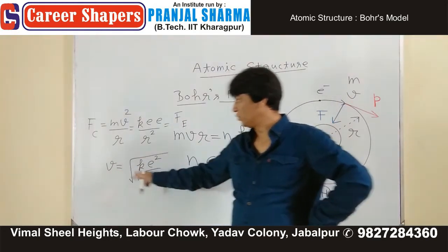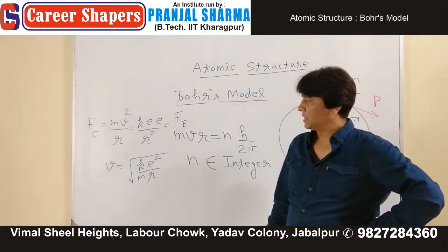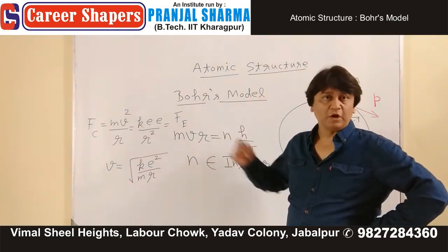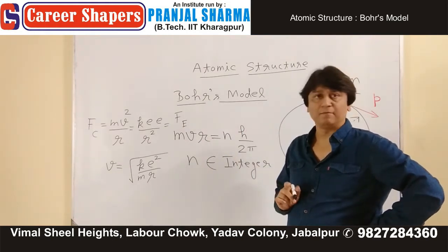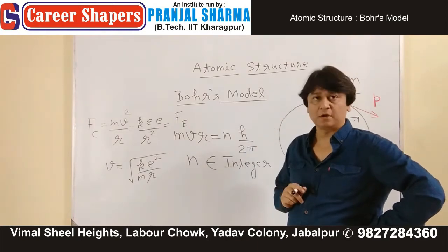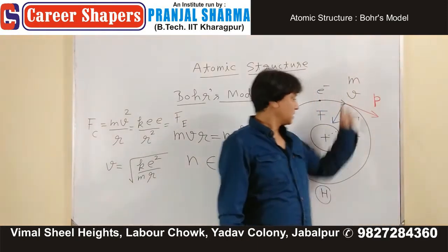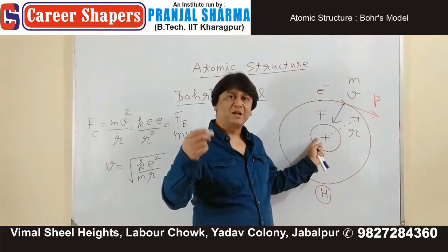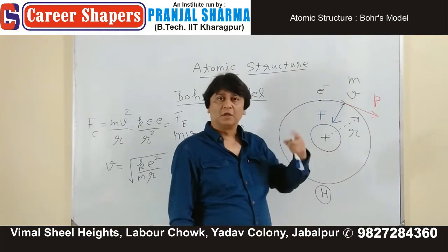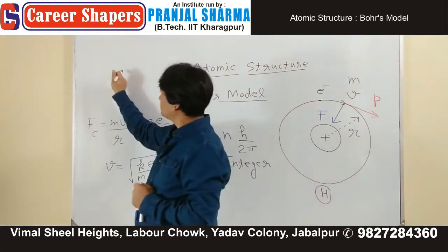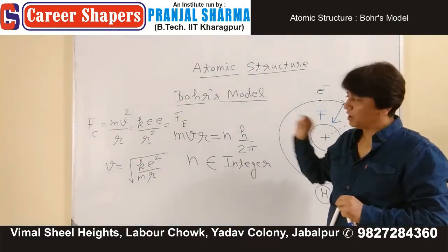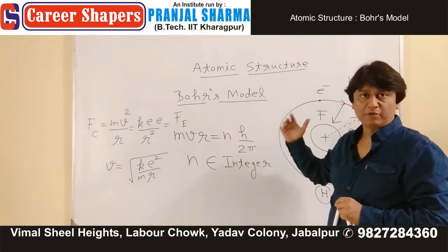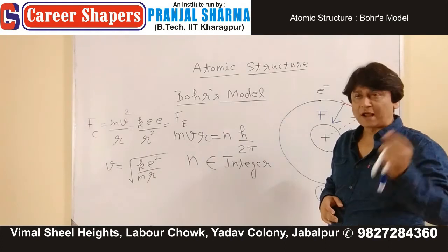You can easily find that v is root over Ke square all divided by mr. If we talk about hydrogen type atoms, which means you have a single electron in the orbit, but there are many protons present in the nucleus, then first note down this and then I will modify the same thing and you will write everything again for a generalized situation.